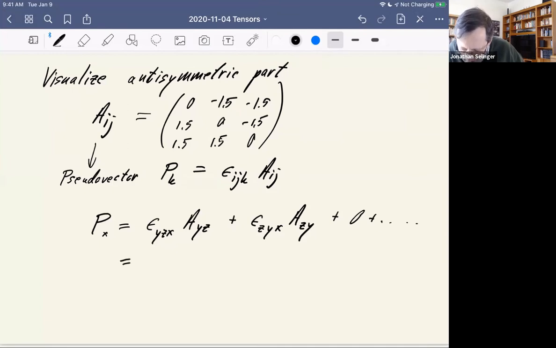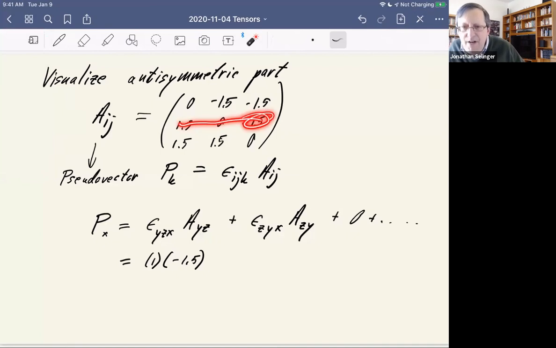Epsilon_yzx is 1, times A_yz. What's that? Row y, column z, negative 1.5.